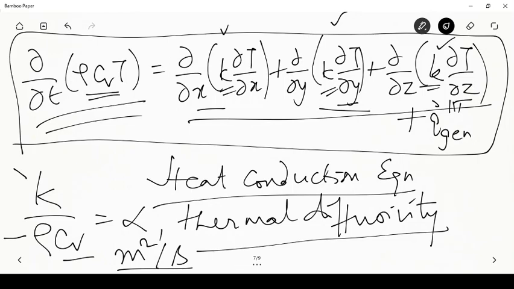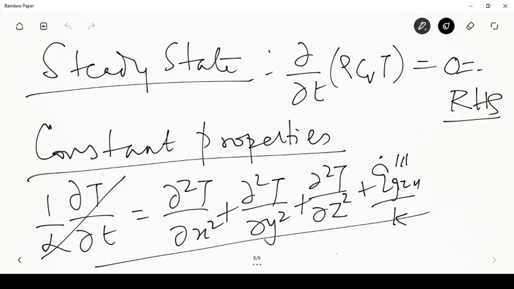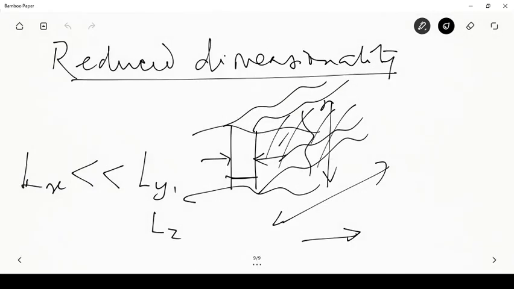Then it becomes what we call a one-dimensional problem. So the geometry itself is not one-dimensional. The geometry, as you can see, is three-dimensional, but the variation in two of the directions, the y and z directions, is small as compared to the variation in the x direction, and therefore you can neglect the gradients in the y and z directions in comparison with the x direction. So then it becomes a one-dimensional problem.